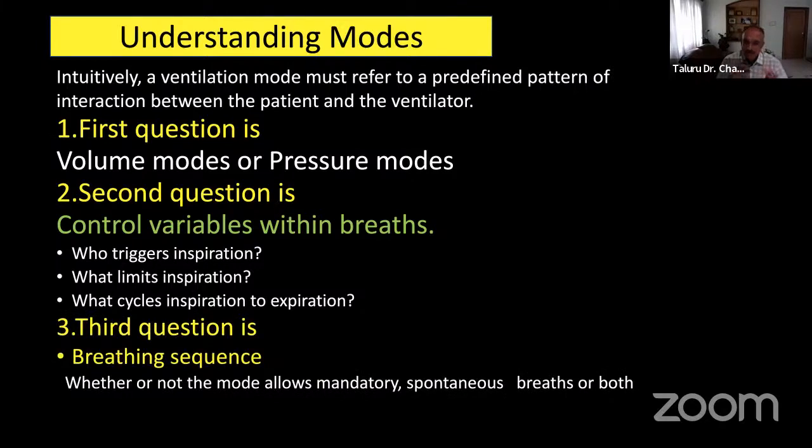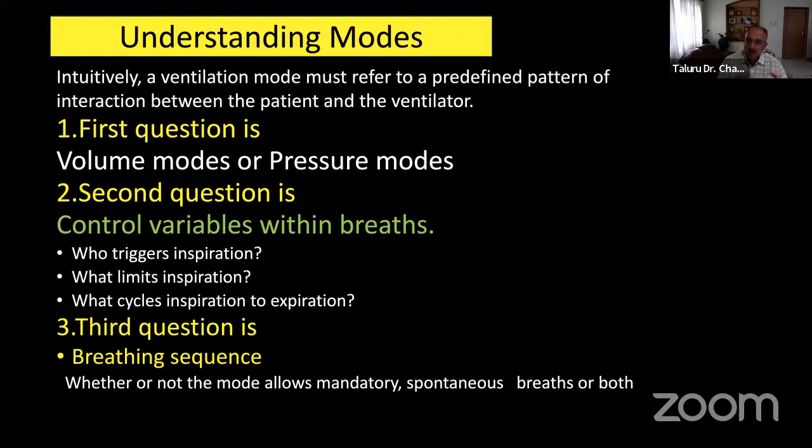Whether the breaths in a minute are only mandatory breaths, or do you have mandatory breaths, assisted breaths, supported breaths, or a combination of them, is what you have to look at. Like in SIMV, if you put a patient on a pressure control SIMV, he will have a mandatory breath, he will have a supported breath.